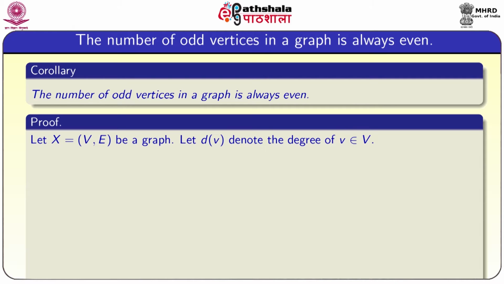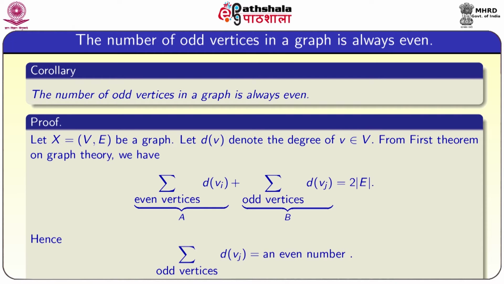The proof goes like this. Let X equal to (V, E) be a graph. Let d(v) denote the degree of the vertex v belonging to V. Then from the first theorem on graph theory we have that, if A is the set of all even vertices and B is the set of all odd vertices, the sum of the degrees of even vertices plus the sum of degrees of odd vertices is equal to 2 times the number of edges, and the sum of the degrees of odd vertices is an even number.